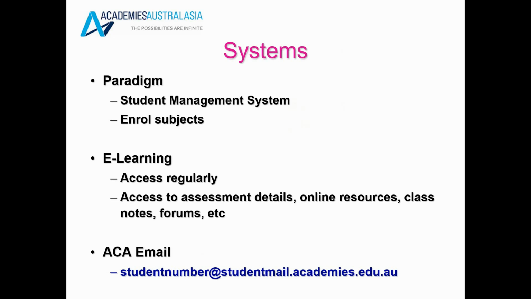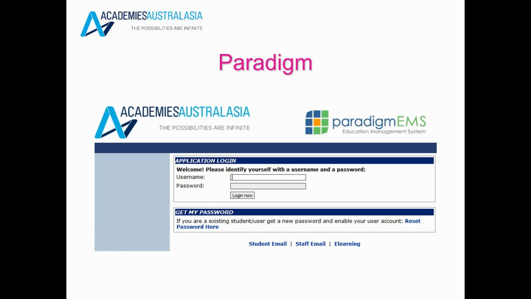You will have an Academies Australasia email set up for you, and it will include your student number at studentmail.academies.edu.au. Please refer to your email with this email address detail set up for you.